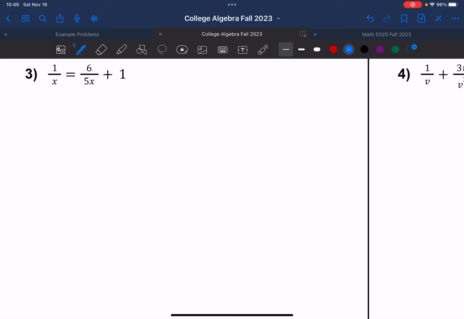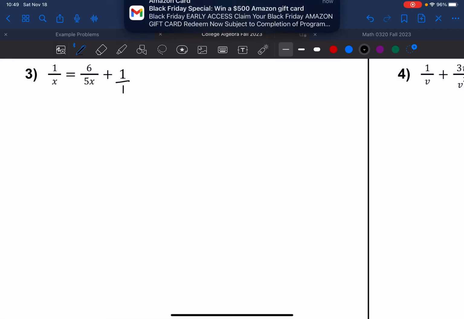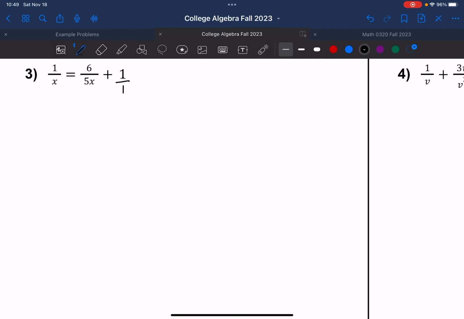And remember, we do that by writing it over 1. So now it's 1 over 1. So between 5x and 1, our common denominator is going to be 5x. So that means I need to multiply that 1 over 1, top and bottom, by 5x. So I'm left with 1 over x is equal to 6 over 5x plus 5x over 5x.